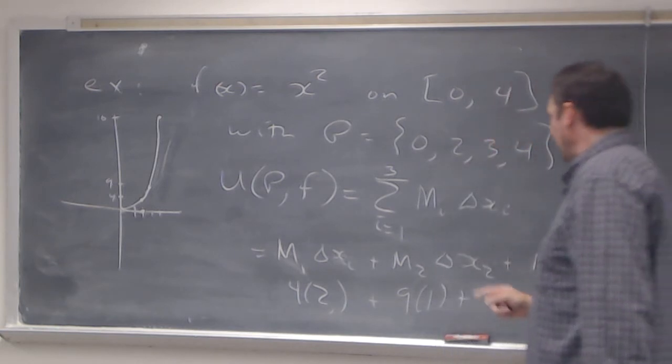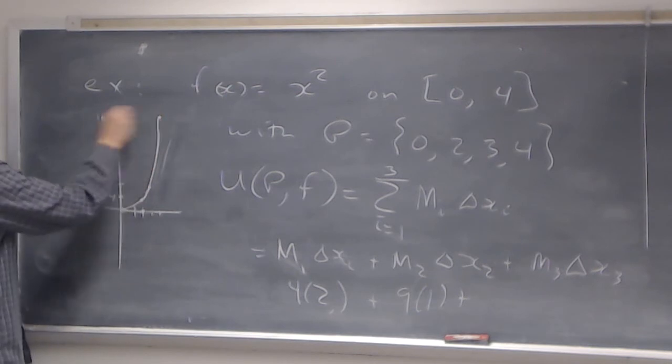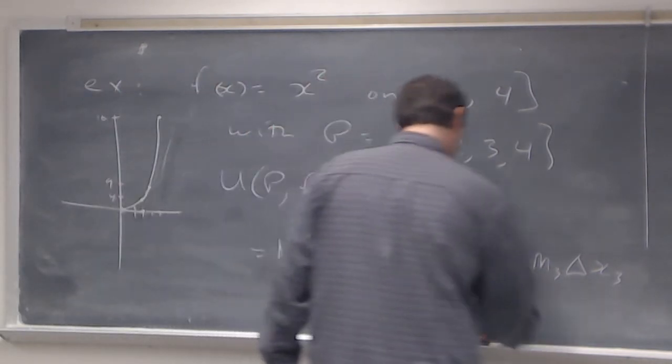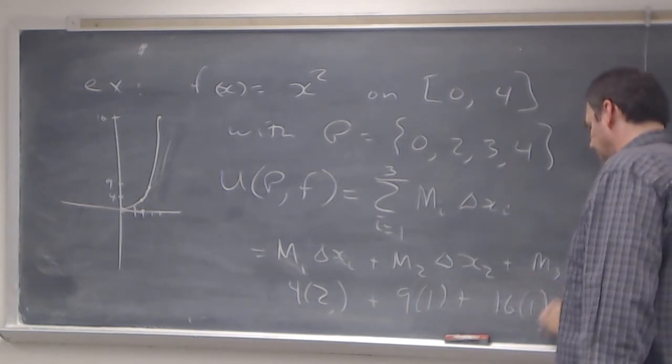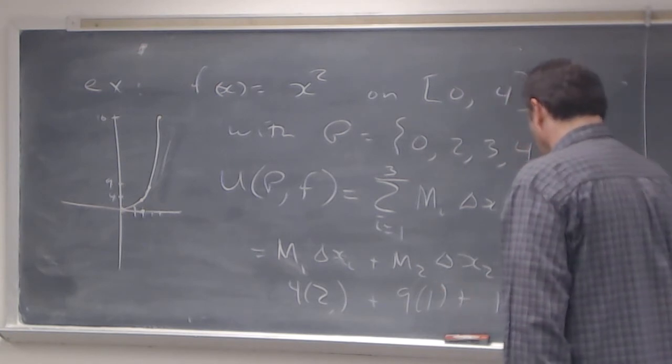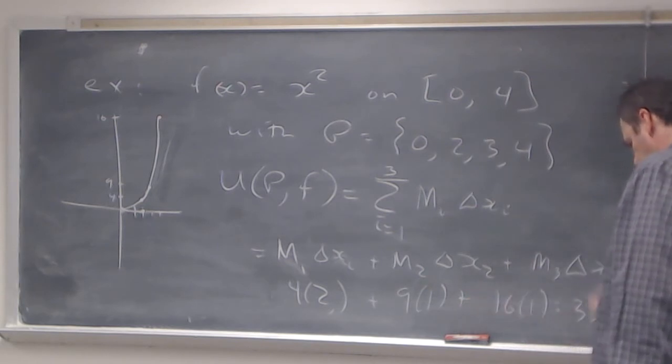Lastly, over 3 to 4, the highest output value is 16, times 1. So you get 8 plus 9 plus 16, which is 33.